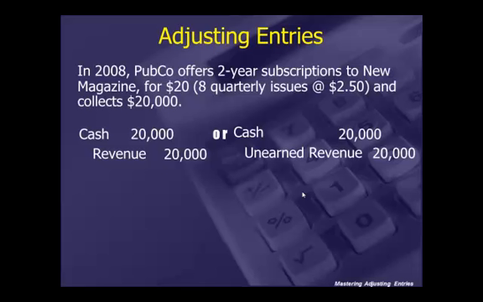It's one of the few accounts that does not have payable in its name, but it is a liability. So we set it up there with the idea that if the subscribers, our customers, cancel their subscription, we have a liability there to pay them back for the dollar amount that they have not received subscriptions.